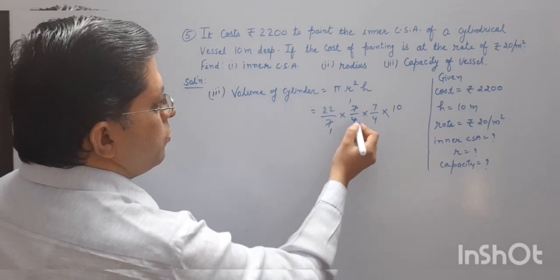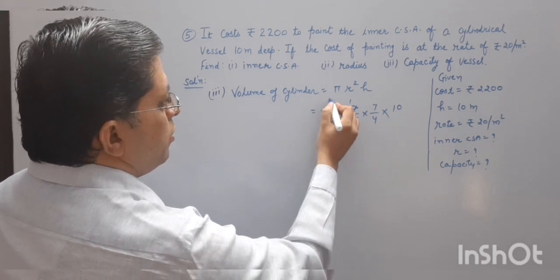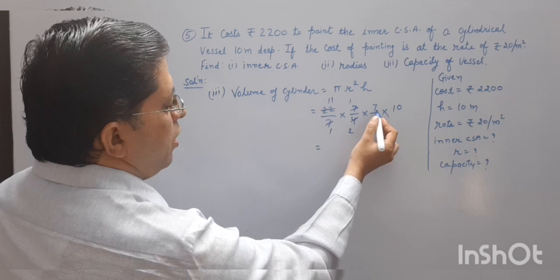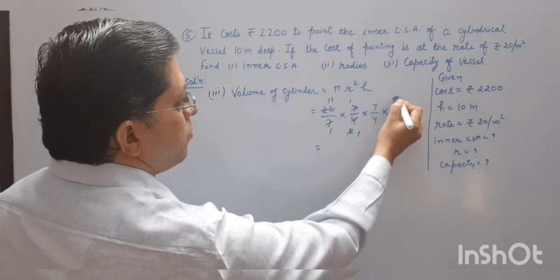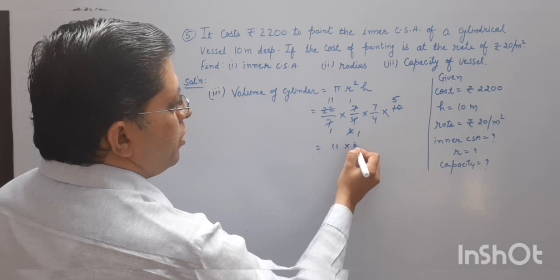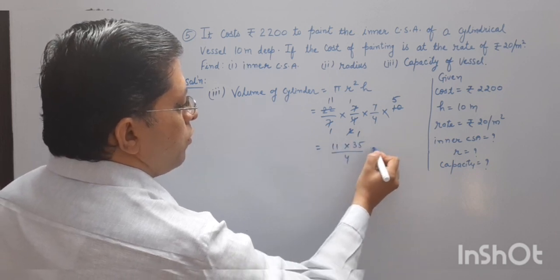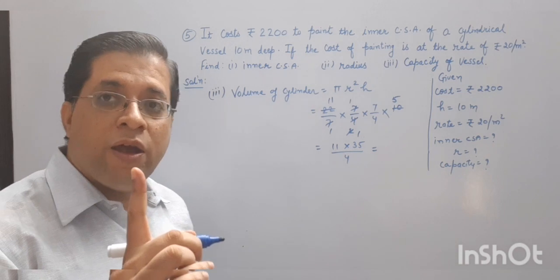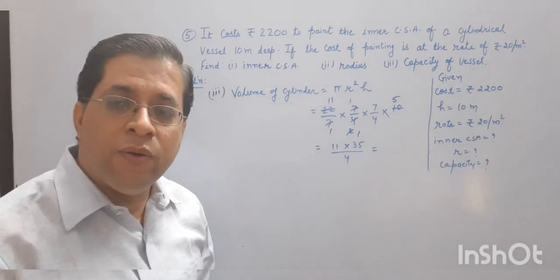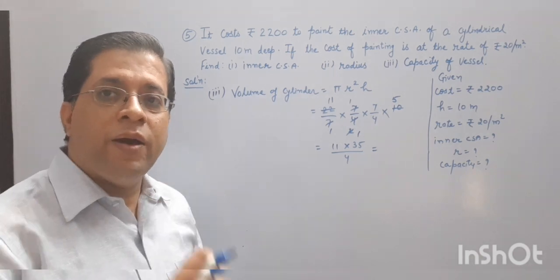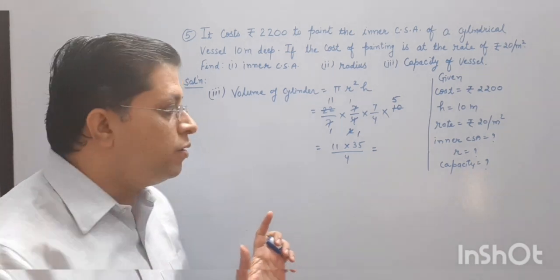Cut this. This is 2, and here 11. With 7, you can cut just one more. This is 5. So 11 into 35 upon 4. How can you multiply 35 into 11? What I have explained earlier: how to multiply by 11 any number by the Vedic method.